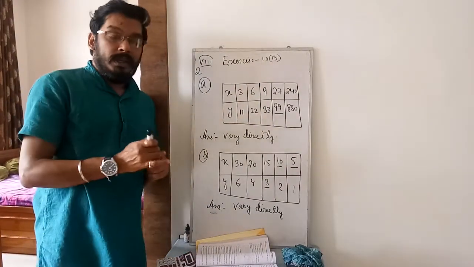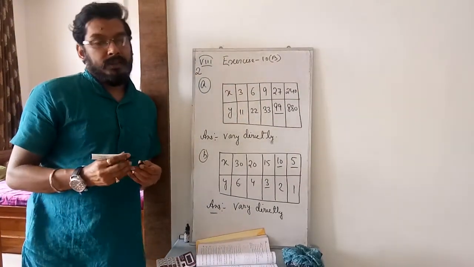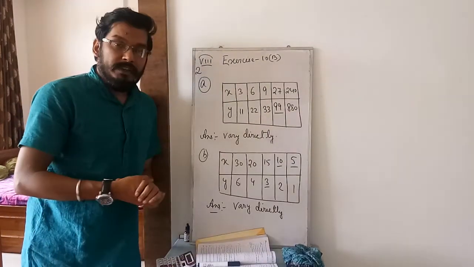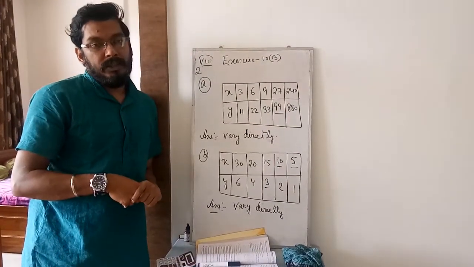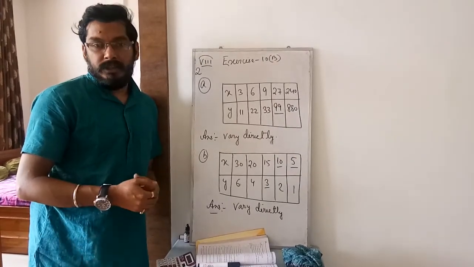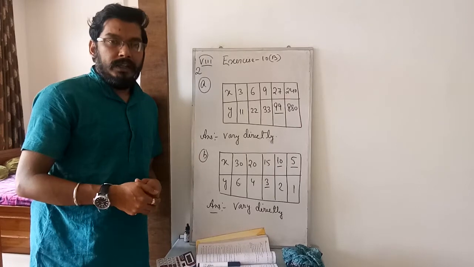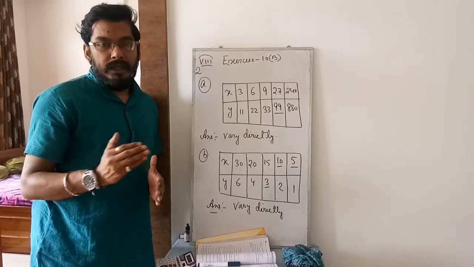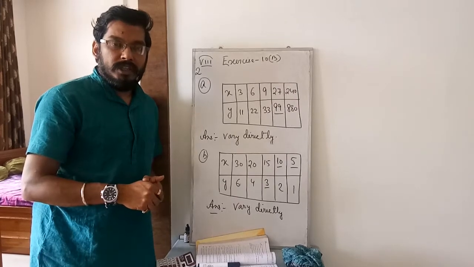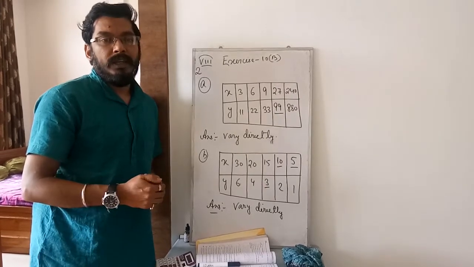To check whether it varies directly or inversely: for direct variation, you find y by x, and if it is constant for all, then it is direct variation. And if x into y equals a constant, then it varies inversely.